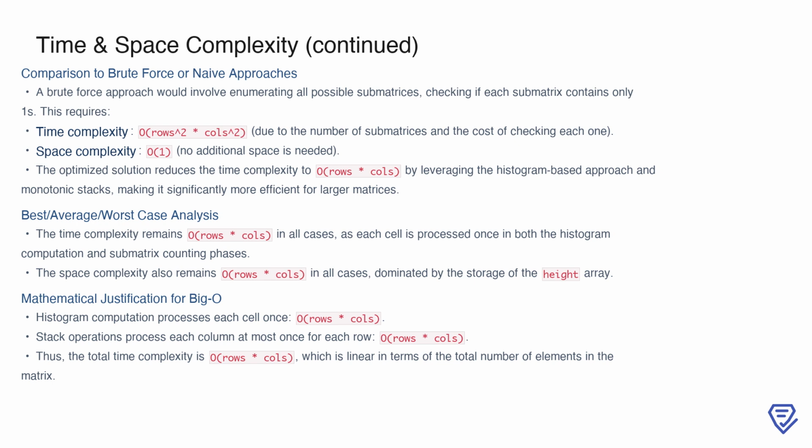Whether in the best, average, or worst case, the time complexity remains O(rows * cols), because each cell is processed exactly once during histogram computation and again during submatrix counting. Similarly, the space complexity consistently remains O(rows * cols). The mathematical justification for this is straightforward: each cell and column is processed a fixed number of times, resulting in an efficient and scalable solution, even for larger matrices.